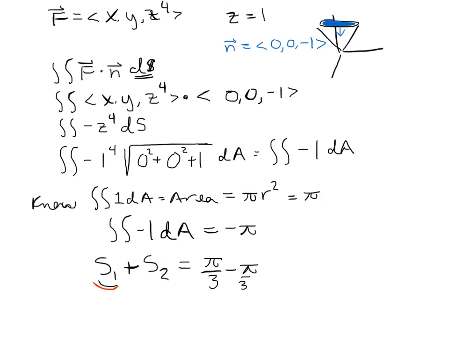So if we subtract 3 over 3, we're going to get negative 2 pi over 3 as our final flux across the surface. And what it means is, as this vector field flows through this sort of shape, the normal vectors are pointing inwards. And so it has a negative flux with it, a negative tendency with it.